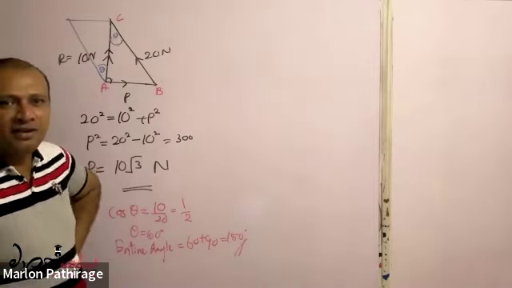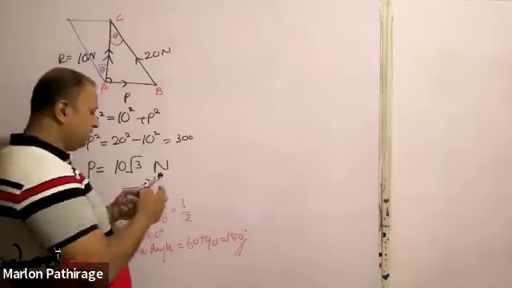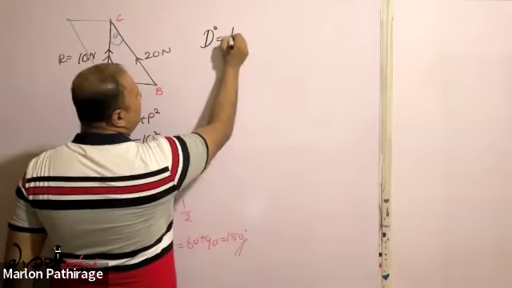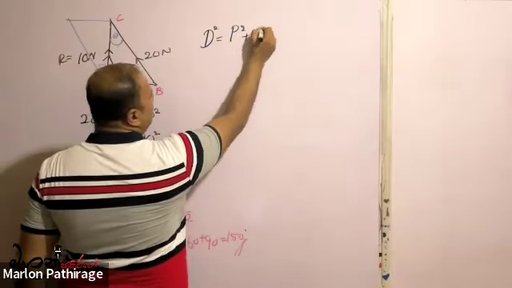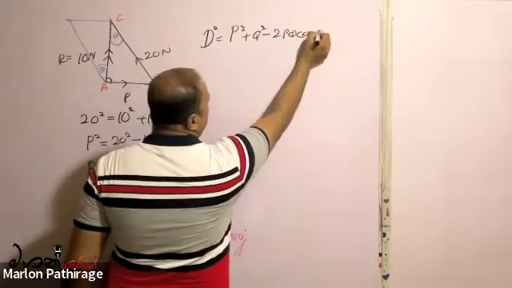The subtraction of two vectors can be found using the equation D squared equals P squared plus Q squared minus 2PQ cos theta.